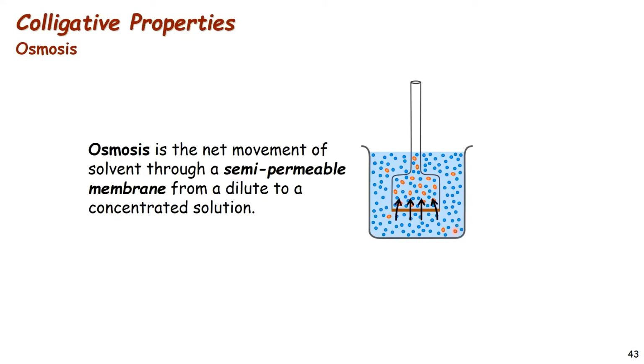Now, because only the solvent molecules can travel through the semi-permeable membrane, these water molecules are going to start to travel in to try to dilute this so that it's the same concentration as the original dilute solution, okay? And again, as the molecules leave here, this concentration then is becoming more concentrated. So basically what's happening is it's trying to make sure that the concentration inside this glass thing is the same as the concentration within the beaker, okay?